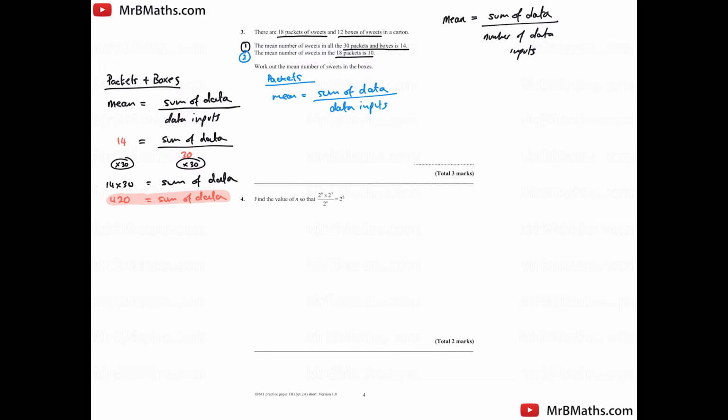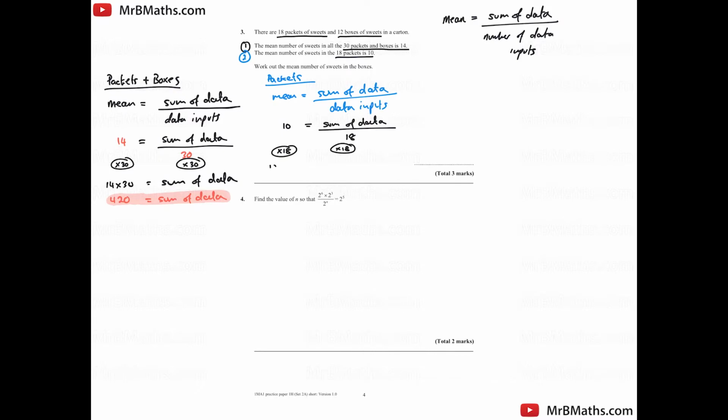So the mean is 10, so 10 equals, again we don't have the sum of data, but we do have the number of inputs because there are 18 packets, so over 18. Again doing some rearranging, we times by 18 on both sides.